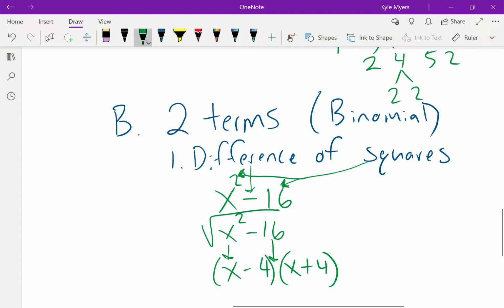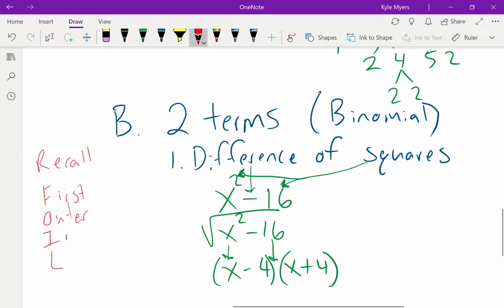All right, so why did I do a plus and a minus? Because if I were to FOIL it back out, let me use a different color because that is not the right color for that. Let's use a pencil. All right, so recall FOIL, F-O-I-L. First is the worst.